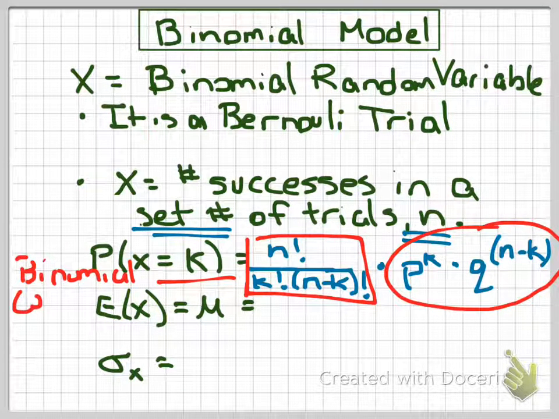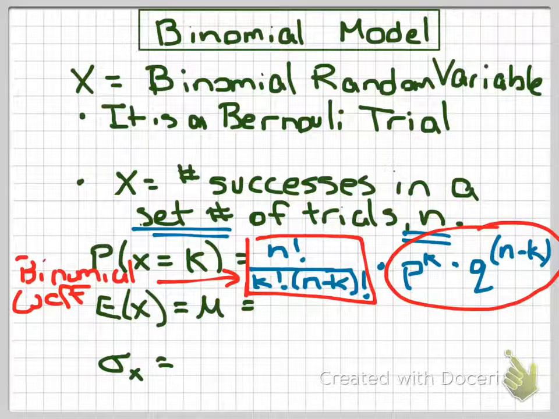And it's called the binomial coefficient because what it does is it tells you how many different ways there are to list out all the different ways that you can get K successes out of N trials. It's a little tricky. We're going to look at a couple examples in a moment.